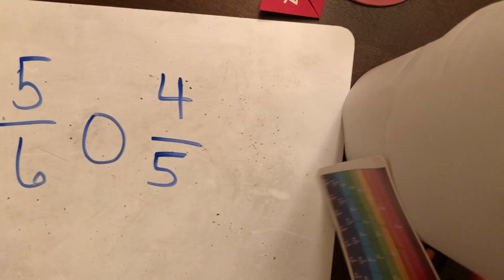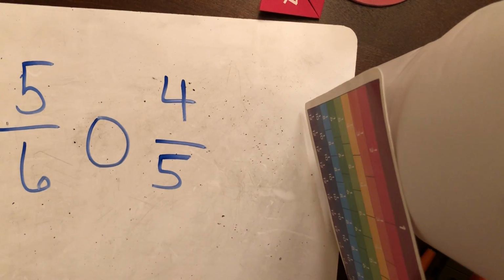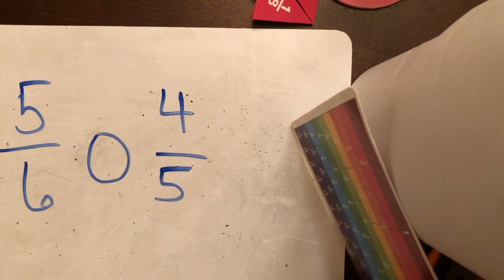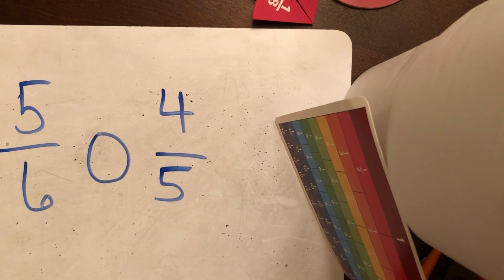Let me get this over here where you can see it. There we go. Now, you can multiply both of these times 2 over 2, a fraction that equals 1, to get a fraction that's more understandable, but we're going to work in the concrete today and compare, just so you can get a visual image in your head.